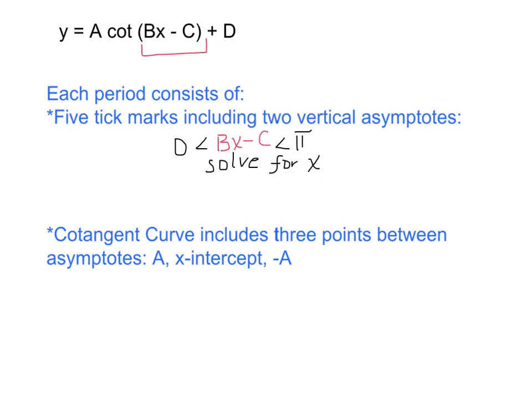And you still find your tick marks. You have to first find your period, because you have to find the distance between your first and your second pair of asymptotes, and then do your period divided by 4 again. Okay? Then your cotangent curve includes 3 points between your asymptotes.